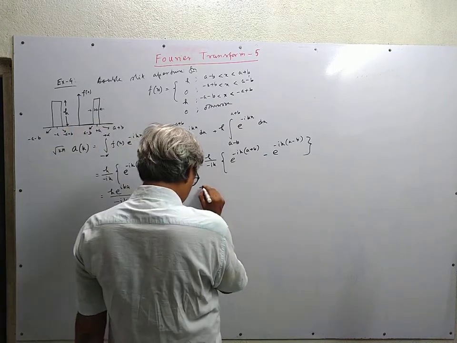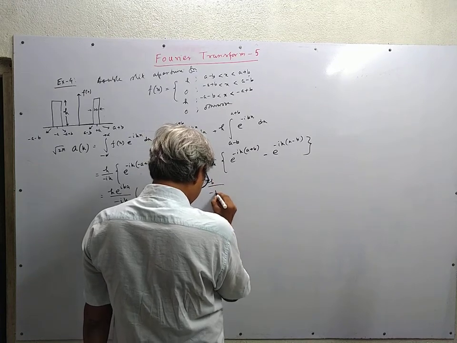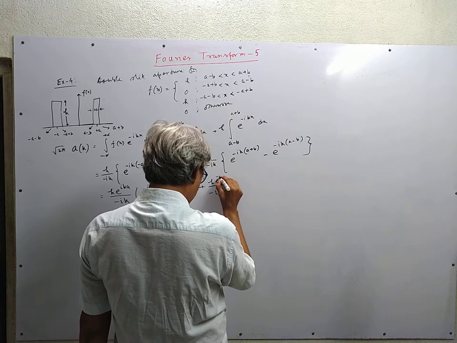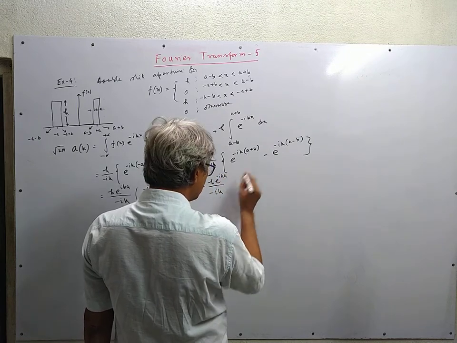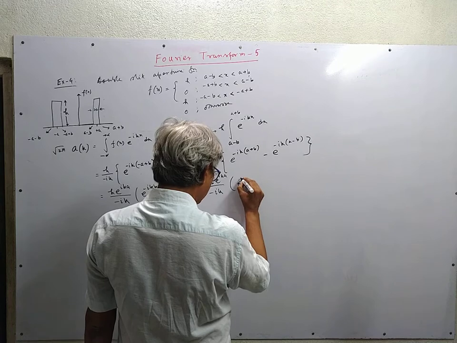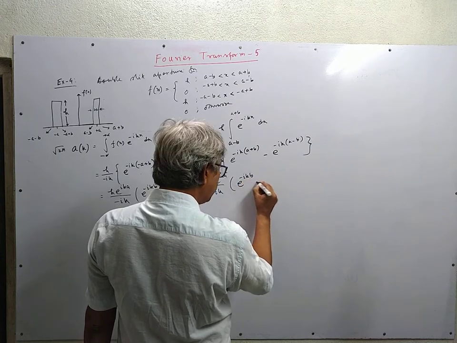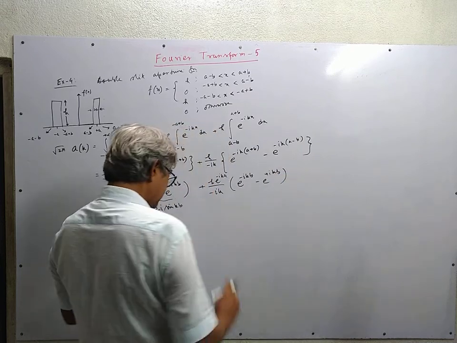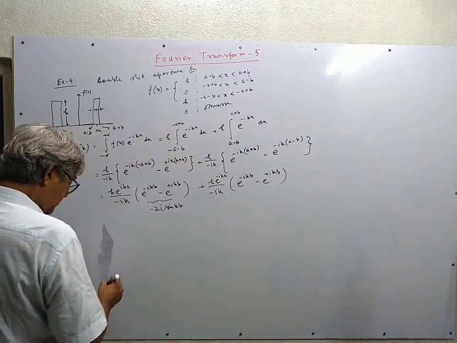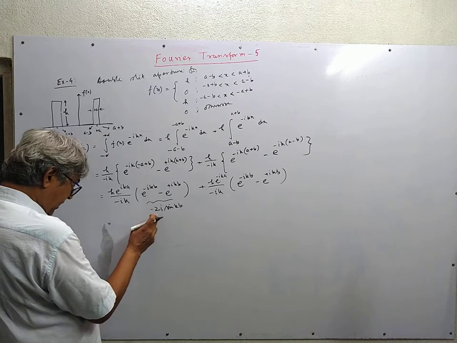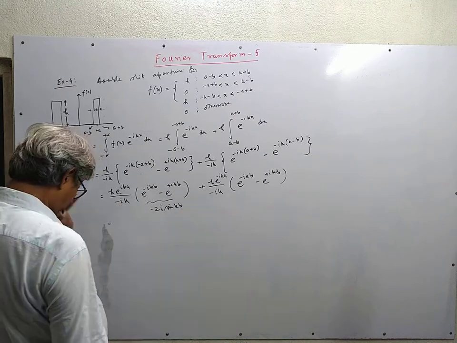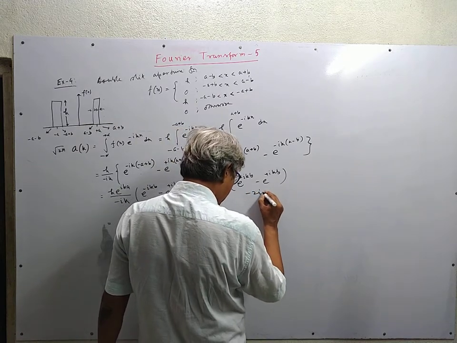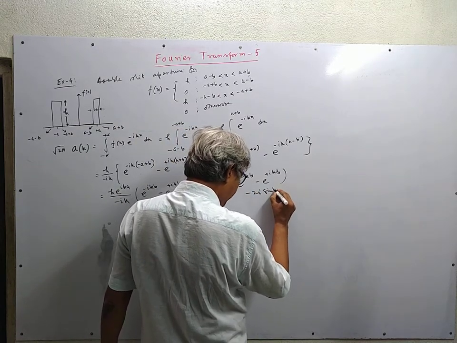And here we will have also h upon minus ik. e to the power minus ika is taken common, so we are left with e to the power minus ikb minus e to the power plus ikb, which is again this. So this minus sign goes from this, this is also minus twice i sin kb.